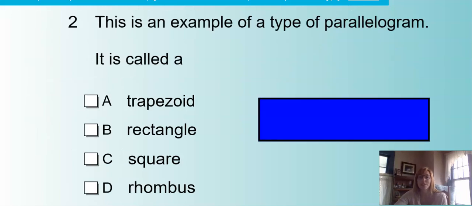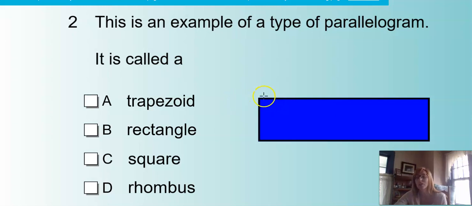When we move on to the next example, this is an example of a type of parallelogram. So remember, parallelograms are really interesting because they have lines that are parallel and would continue on and never intersect. So there's multiple types and specific named parallelograms.